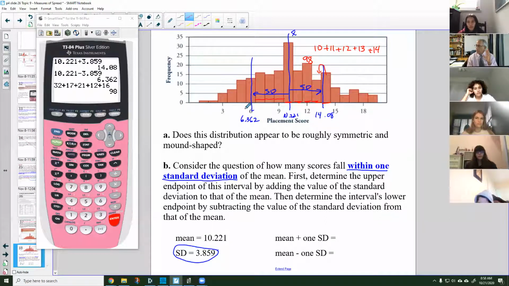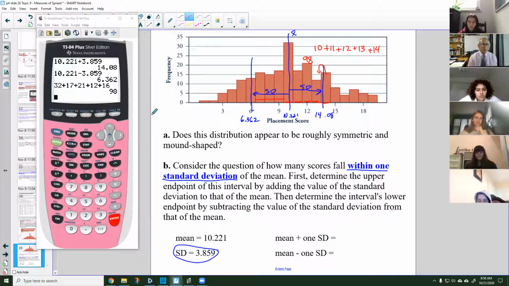Does that make sense? It's a little bit hard to get my head around sometimes. But I can't score a 6.362. I can either score a 6, which is less than 6.362, or a 7, which is greater than. So I really can only add the 7s, the 8s, and the 9s.